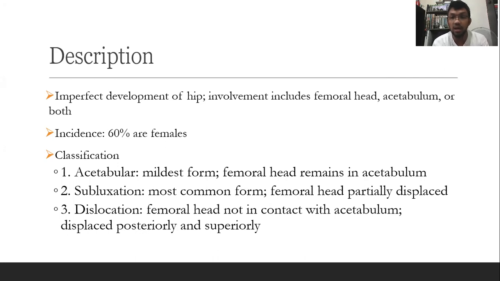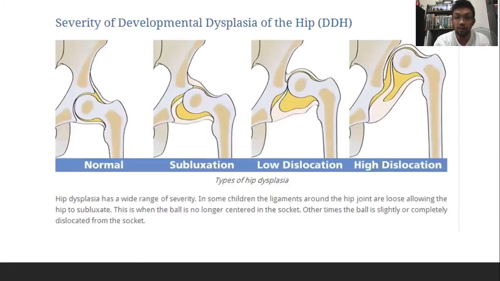In subluxation, the femoral head is partially displaced. In the third, dislocation, the femoral head is no longer in contact with the acetabulum, the socket. So it's outside the socket now, and it is displaced posteriorly and superiorly. Here are the illustrations of the severity of developmental dysplasia of the hip.